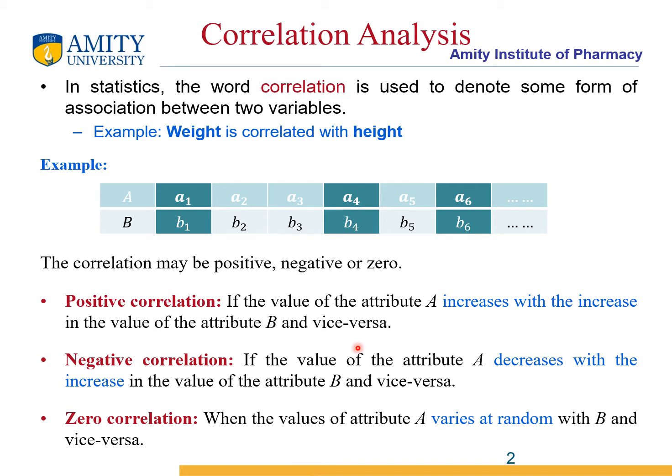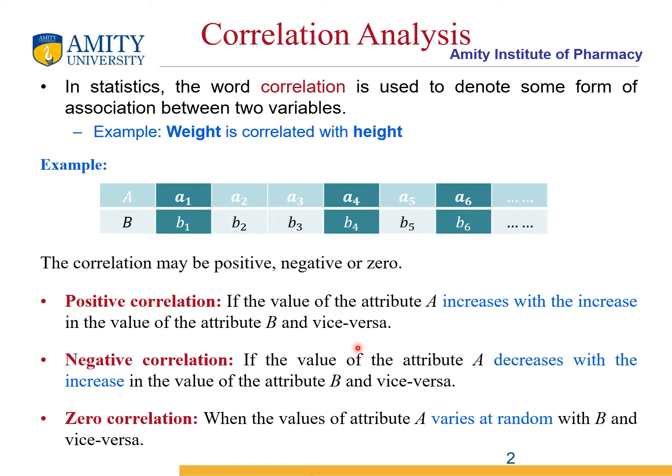If the attribute of A increases with the increase in the values of attribute of B, that means they are showing positive correlation.